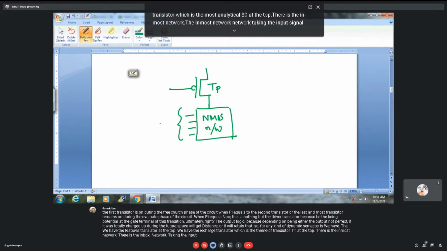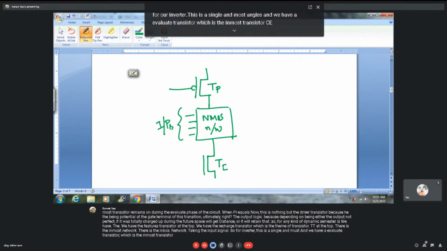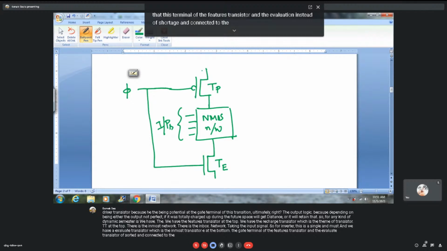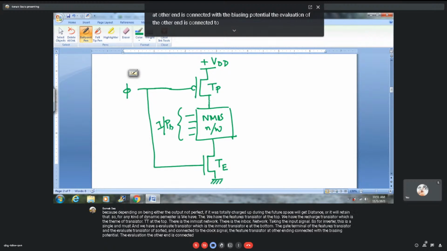So for an inverter, this is a single NMOS transistor. And we have an evaluate transistor, which is the NMOS transistor, TE, at the bottom. The gate terminals of the pre-charge transistor and the evaluate transistor are shorted and connected to the clock signal. The pre-charge transistor at the other end is connected with the biasing potential. The evaluate transistor at the other end is connected to ground. And from an intermediate node between the NMOS network and the pre-charge transistor, you collect your output.